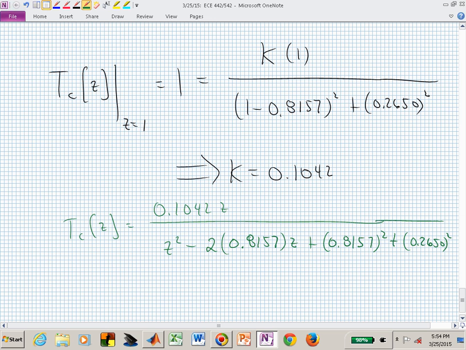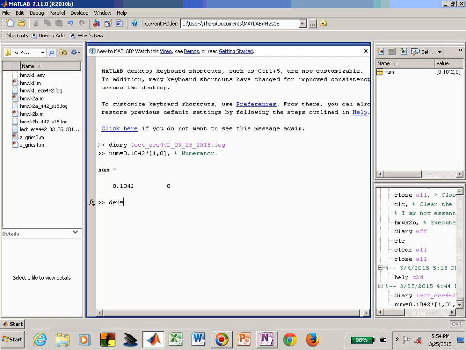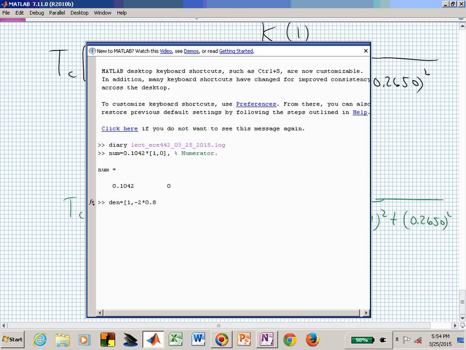Is that okay? Now, can you remind me what those numbers are? Now I have Z squared, minus 2 times 0.8157. This is supposed to be a negative, wasn't it?